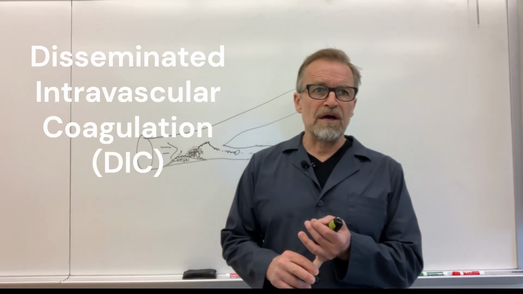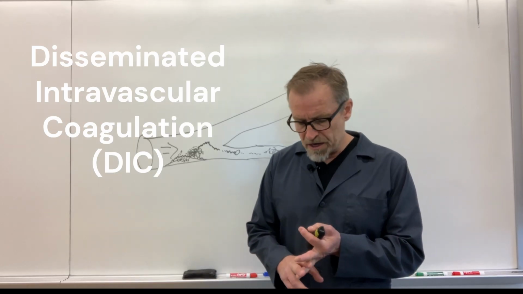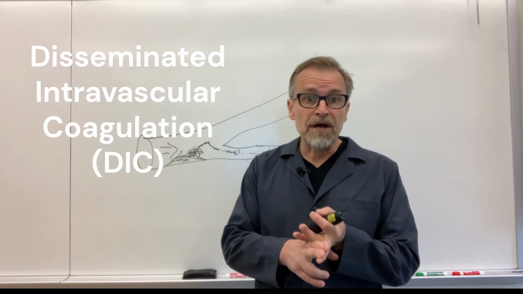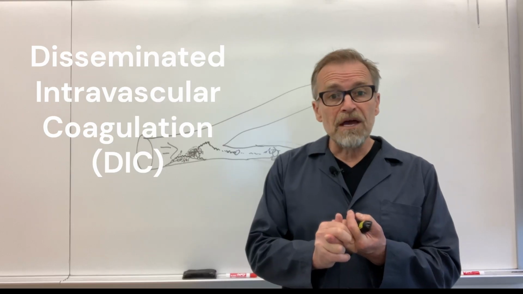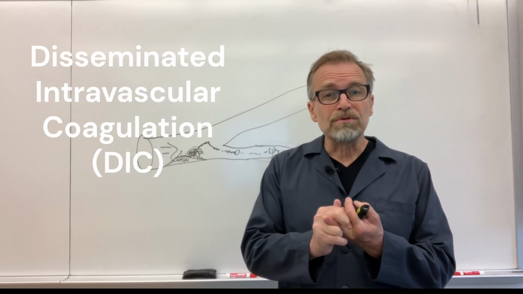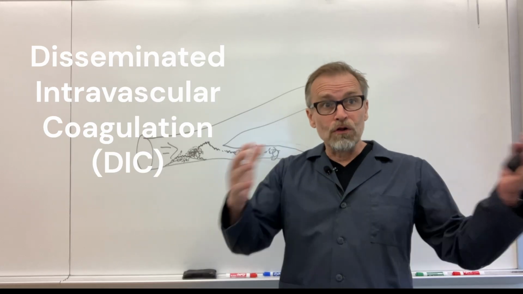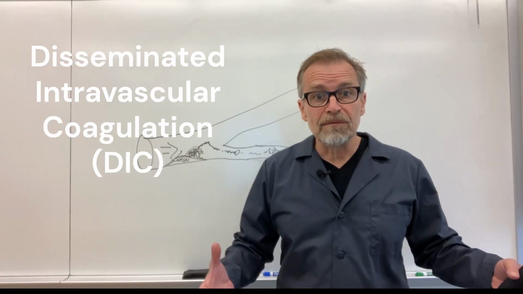It could be caused by cirrhosis of a major organ. It could be caused by an autoimmune reaction. Sometimes it's related to pregnancy, sometimes it's related to cancer, but whatever the cause, you've got this major dysfunction, and suddenly your blood starts clotting everywhere at once. Disseminated all over the place, intravascular, within the vessels, coagulation.